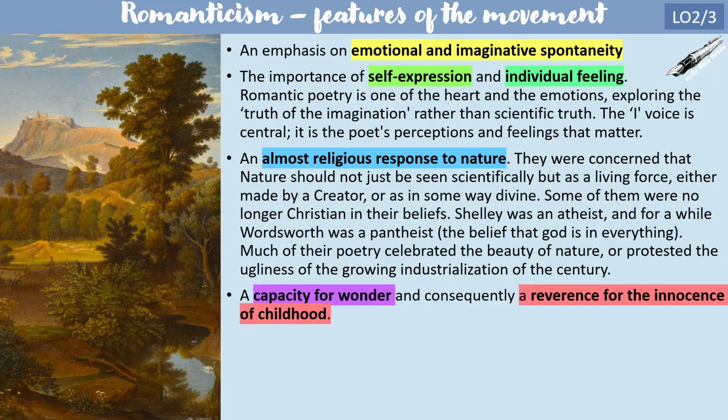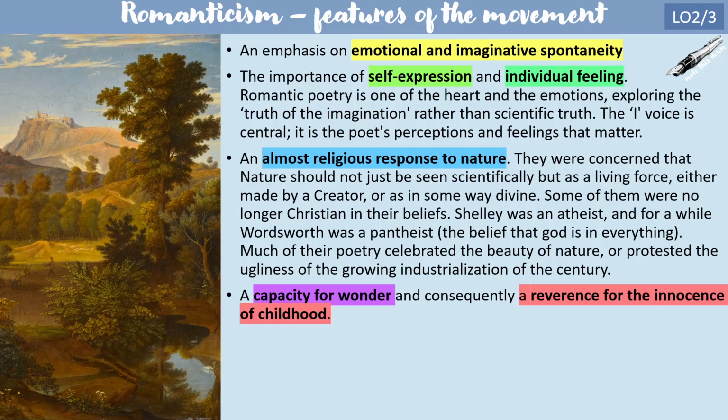As part of their emotional and imaginative spontaneity, there's also a celebration of the capacity for wonder and therefore also the reverence of the innocence of childhood. This is partly connected to a term that you would have come across in your first year of study, the sublime.